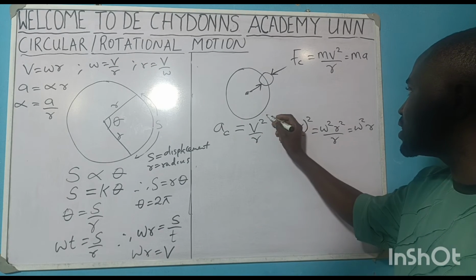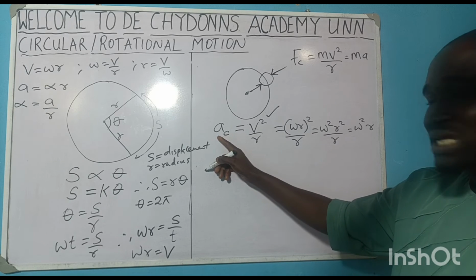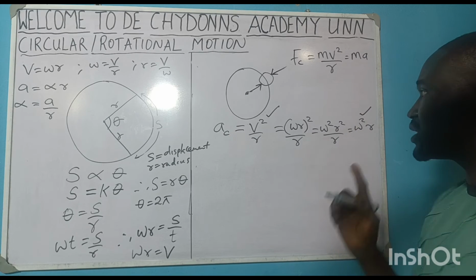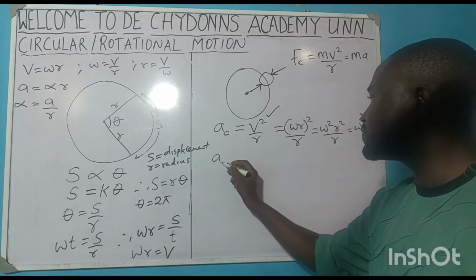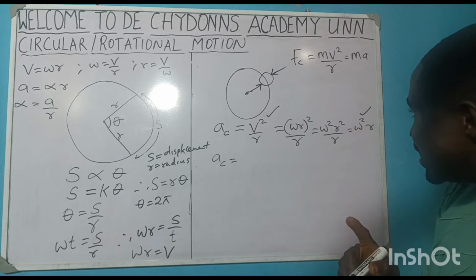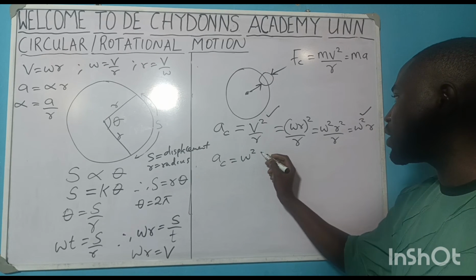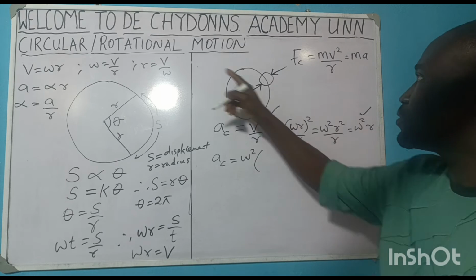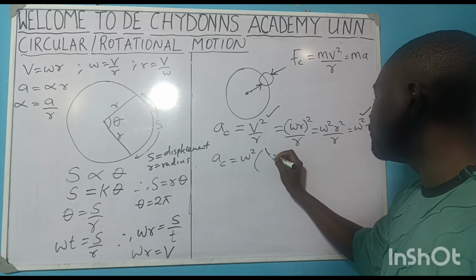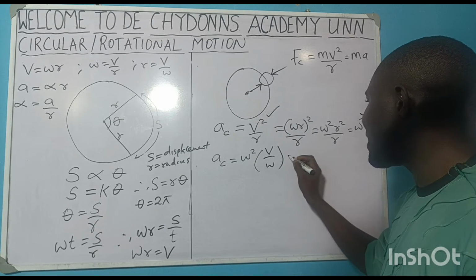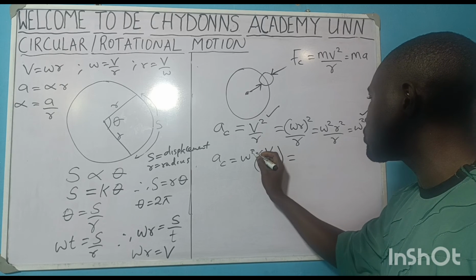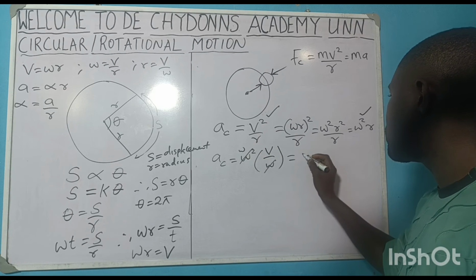So we have gotten this formula for centripetal acceleration. The next formula for centripetal acceleration is w times r, and r is v over w, and this will cancel one of these w's, to give wv.